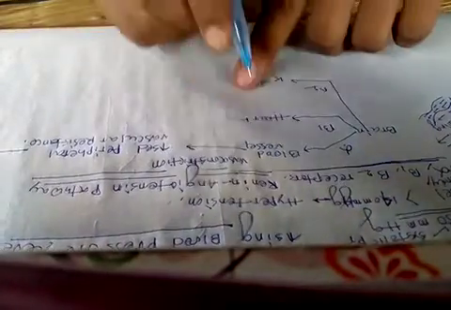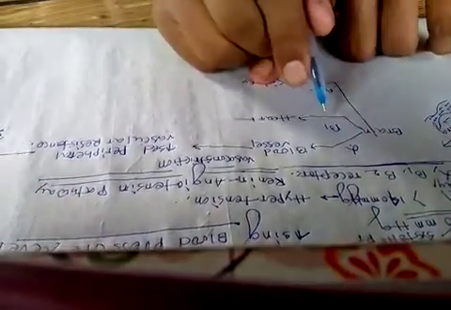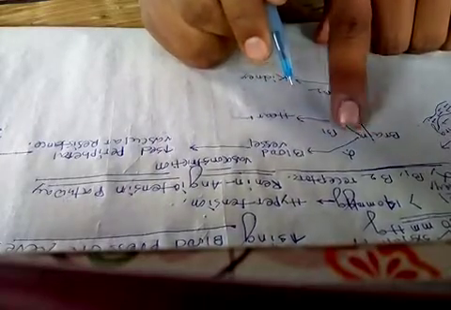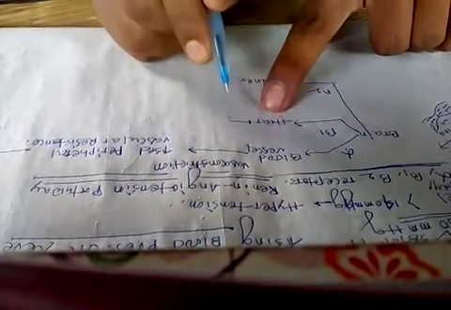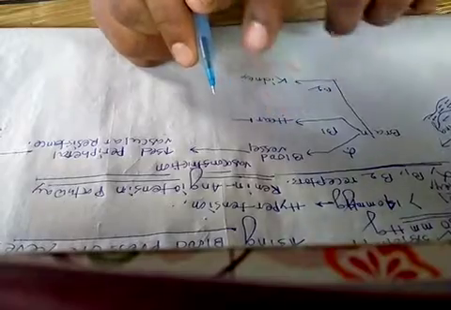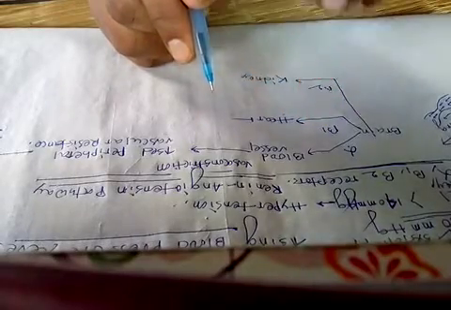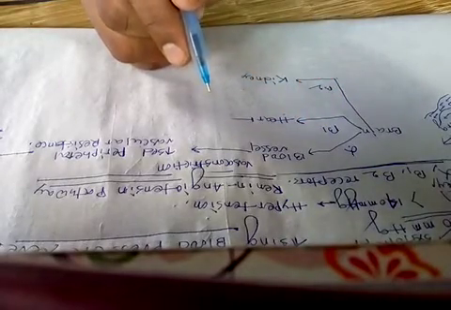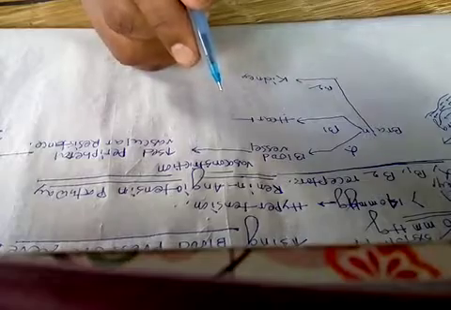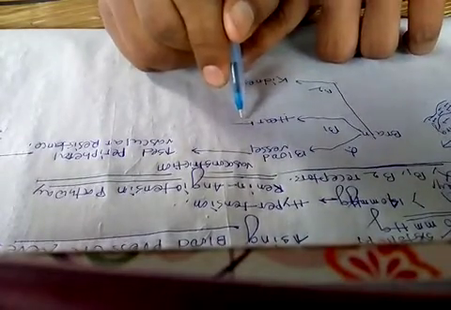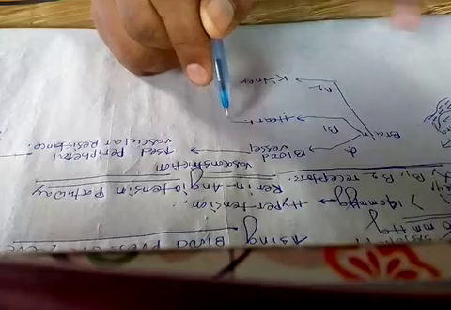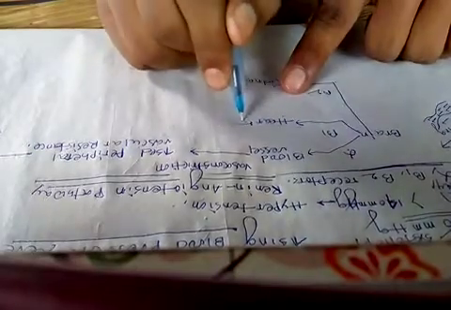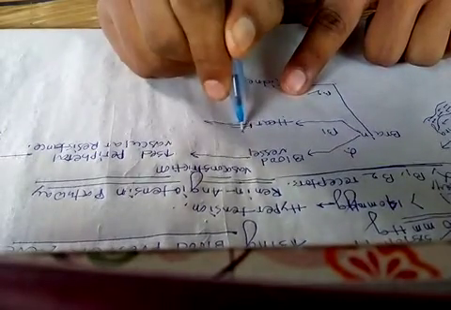Next, come to the heart. After the release of beta receptor from the brain to the heart, what is happening? Why is the blood pressure increasing? After the release of beta 1 receptor, the heart is vasodilated.